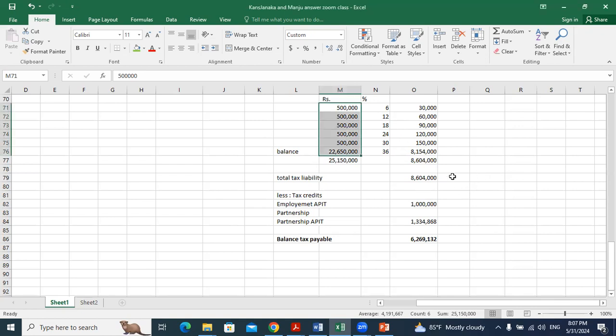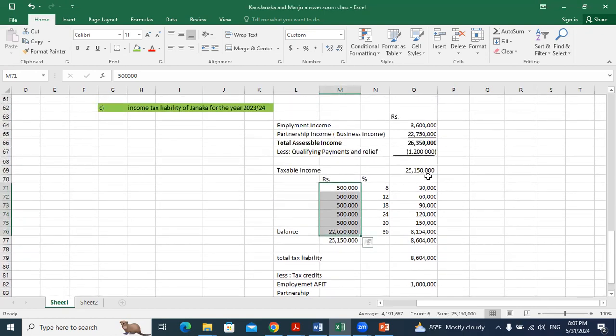Let me just see whether I have made a mistake somewhere here. This should be 25,150,000. Okay. Thereafter this one, 2.5 million. So okay. These rates. This is the balance. Let me sum up again.